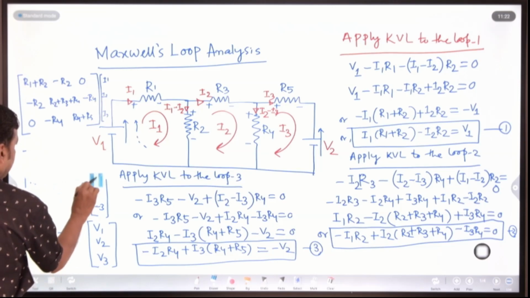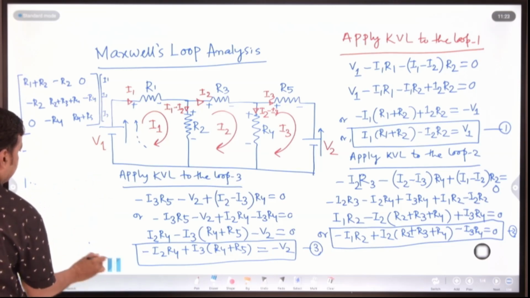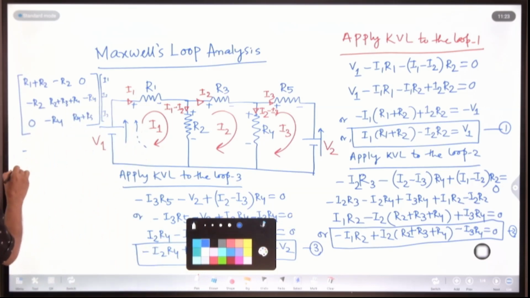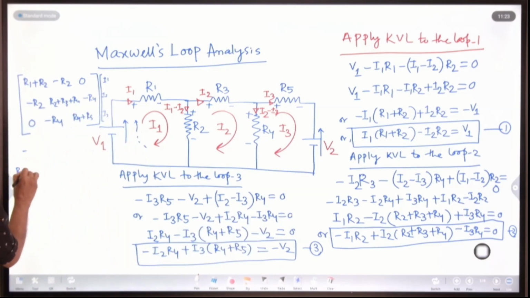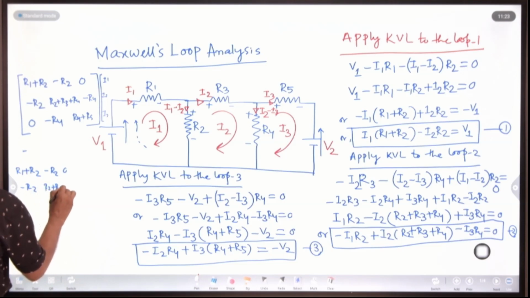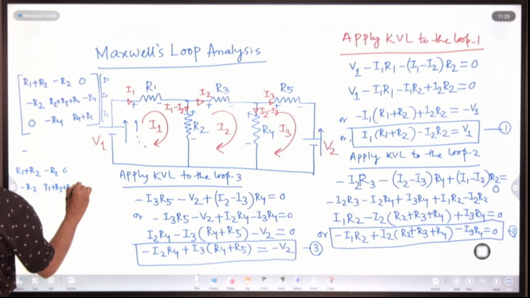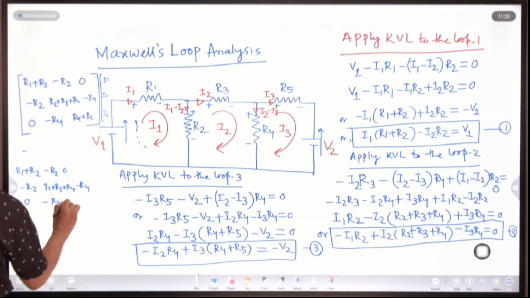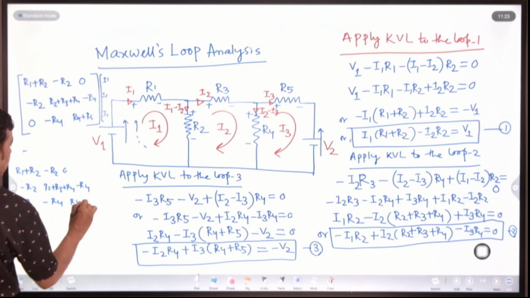So this is nothing but I can write this is your R1 plus R2, minus R2, 0, and minus R2, and second R2 plus R3 plus R4, and this is your minus R4, then 0, minus R4, then R4 plus R5.